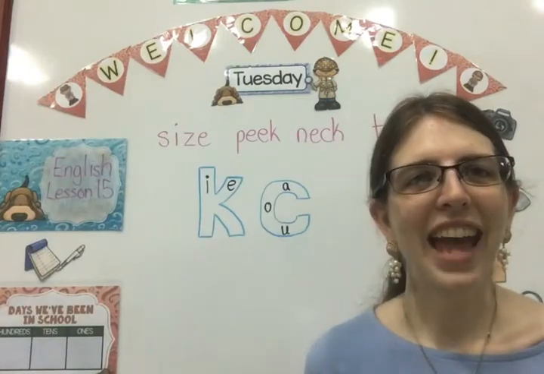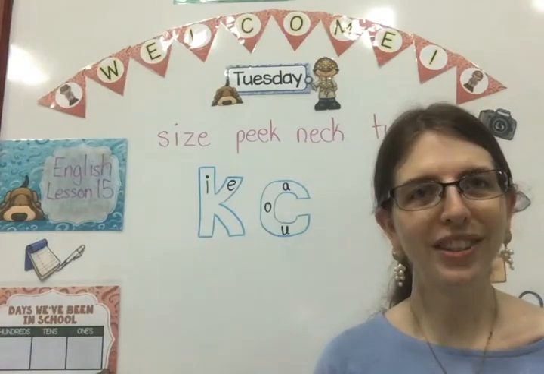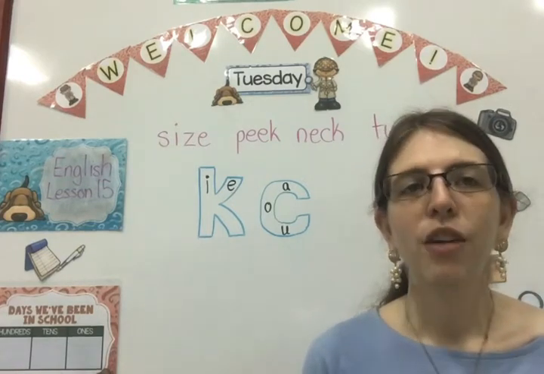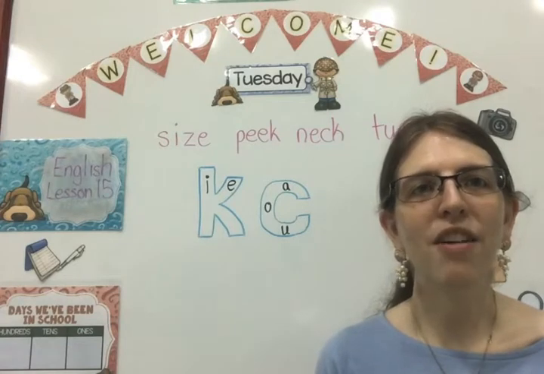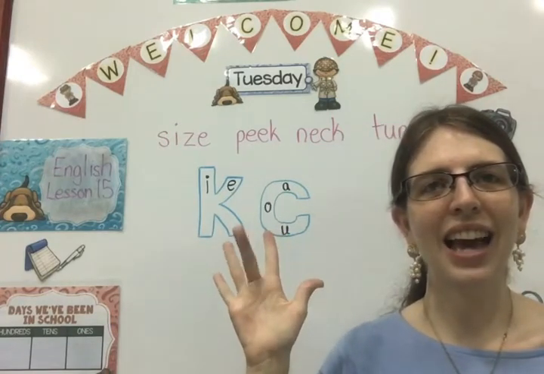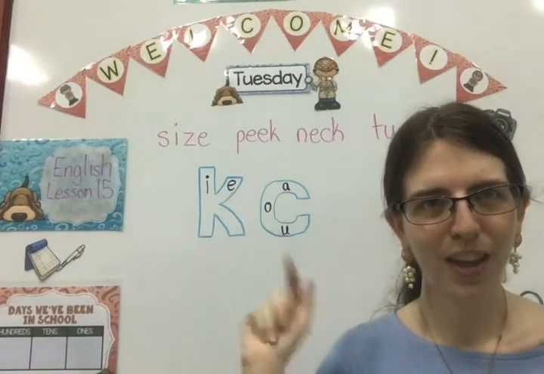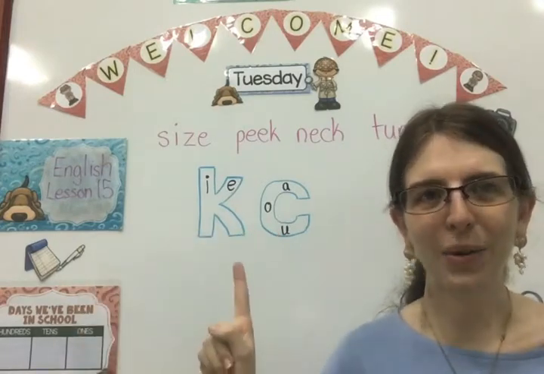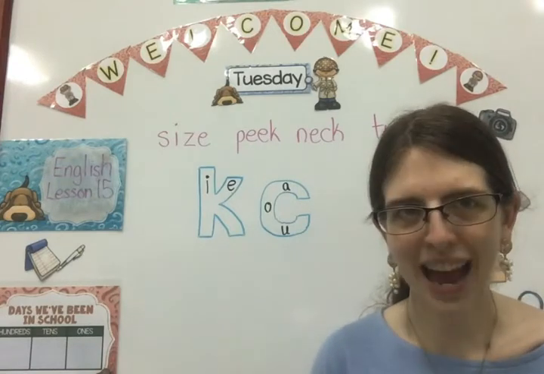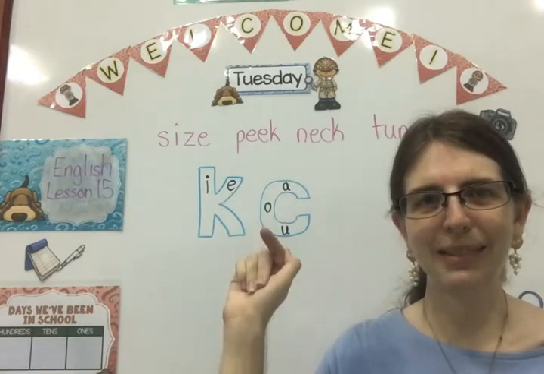Okay, now let's review our rules that we have learned for spelling and reading words. First, we're going to start with our one vowel rule. Remember, your vowels are A, E, I, O, and U. When you have one vowel in a word, it usually says its short sound. We mark it with a smile.